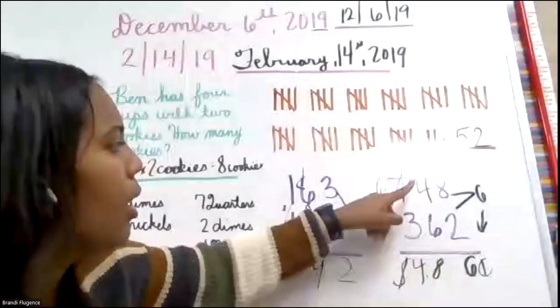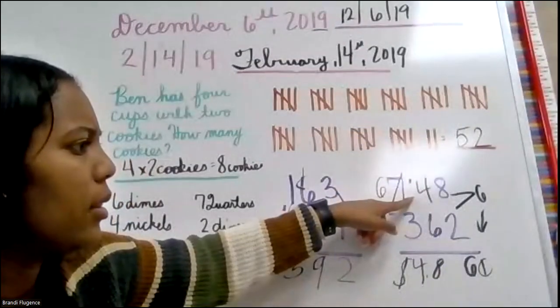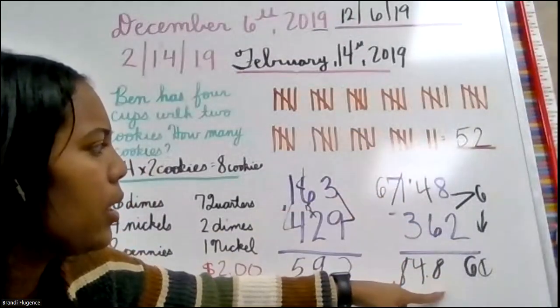Okay, 8 minus 2 is 6. Okay, 4 minus 6, we cannot do that.